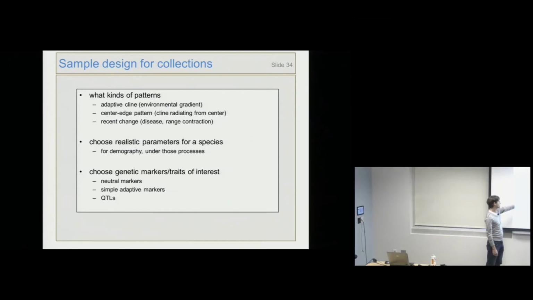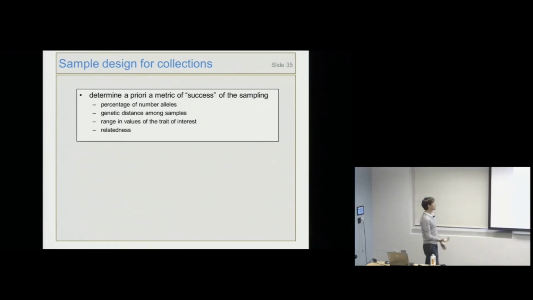And then for our simulations, we also have to choose what genetic markers or traits we're interested in. In most cases, studies are interested, like I said, in the number of alleles. But with these simulations, we could simulate simple single-gene markers that contribute to fitness, or even complex genetic architecture as well. The last thing we need to do before doing these simulations is decide what we mean by success of a study.